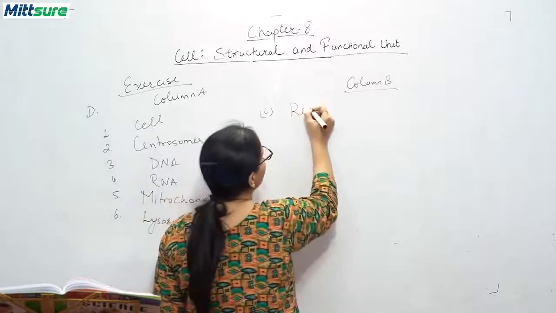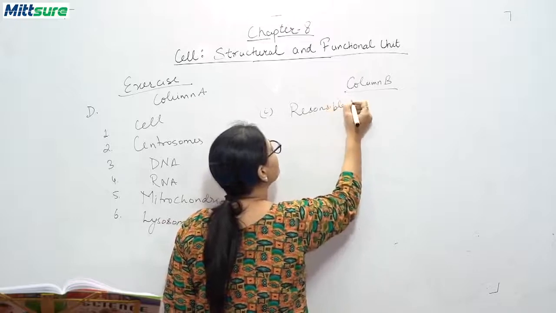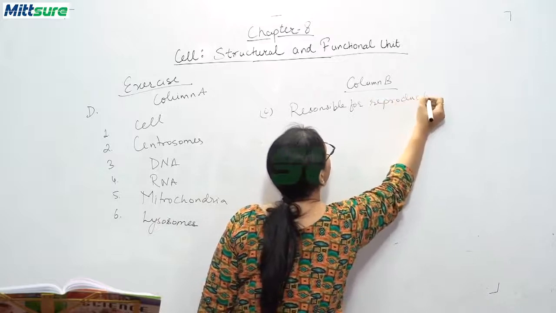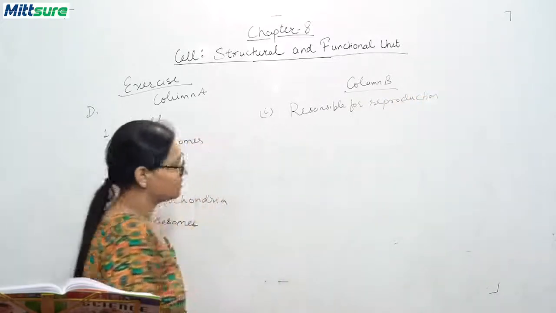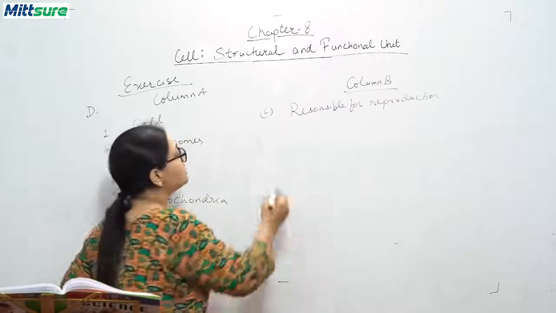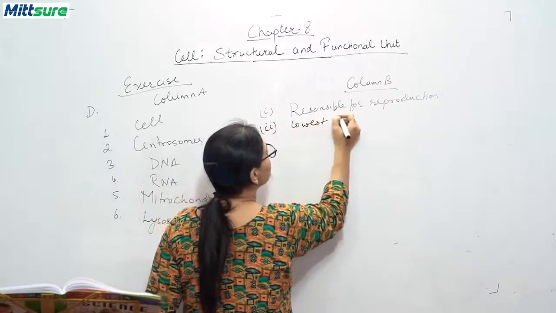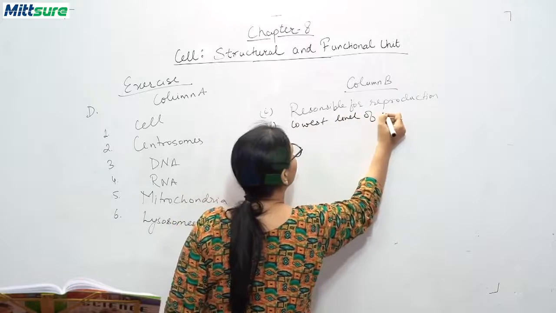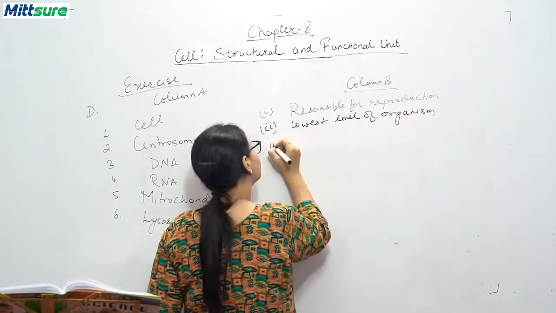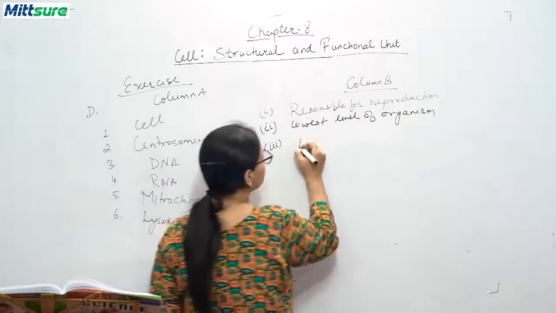Responsible for reproduction. Okay. Second is lowest level of organism. Third is nucleolus.